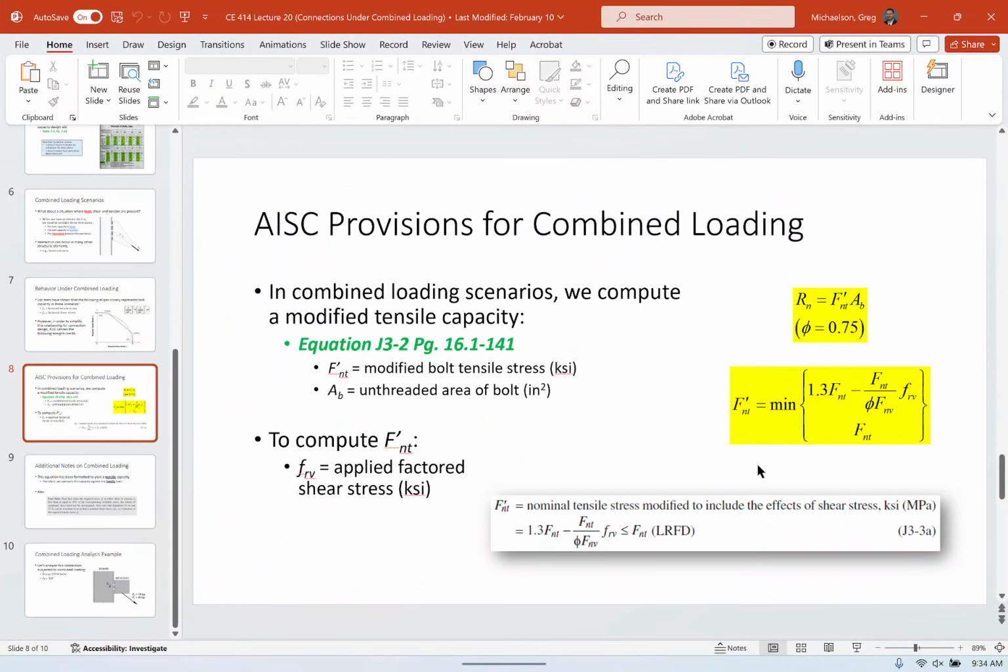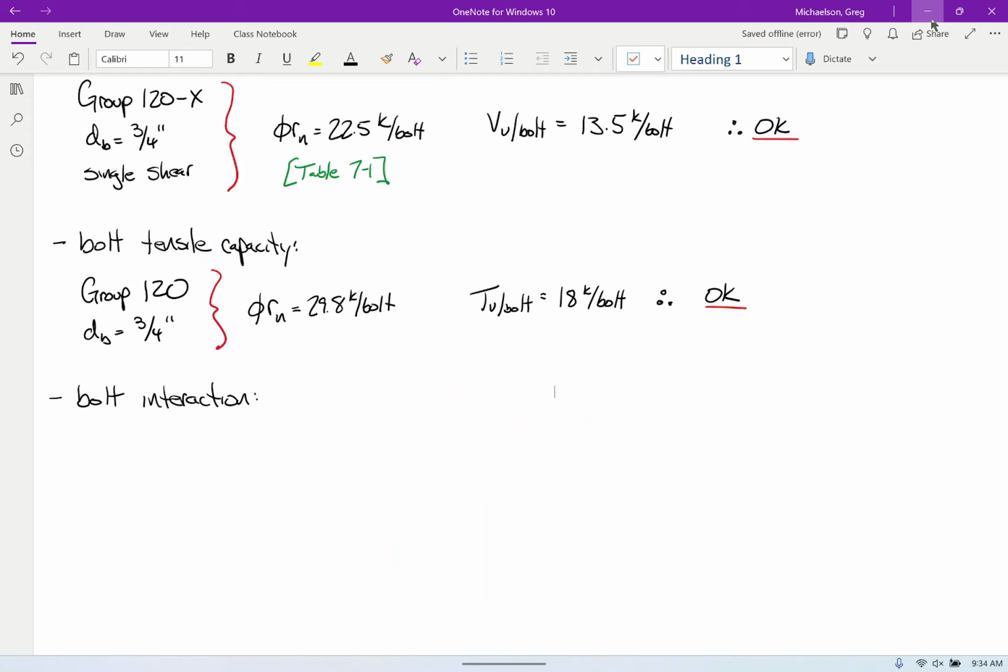This is going to be the expression that we use to compute FNT prime, because that's going to be the first goal that we have to do. So we need an FRV, but we already got that, right? That was 30.54 KSI. We need a phi value. What is phi? It is 0.75, right? But we need an FNT and an FNB. Does anybody remember where to get those?